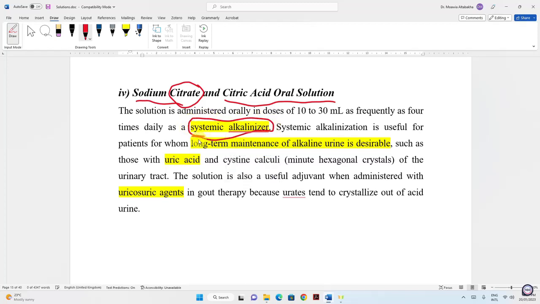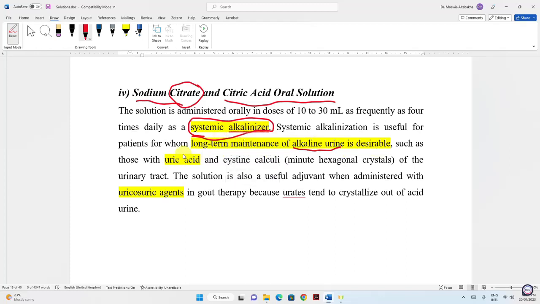So what does that mean? Do you want to make the blood alkaline? Actually, the aim is to make the urine alkaline. If sodium citrate is absorbed into the blood, this will make the urine more alkaline, because the blood goes to the kidneys, and from the kidneys sodium and sodium citrate will be excreted.